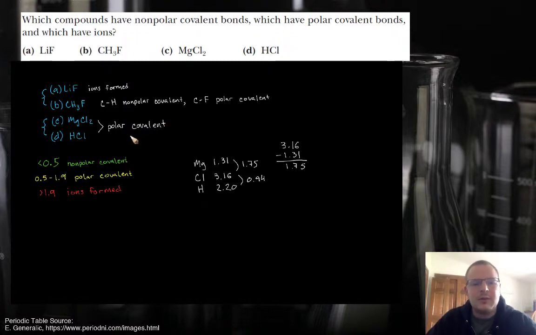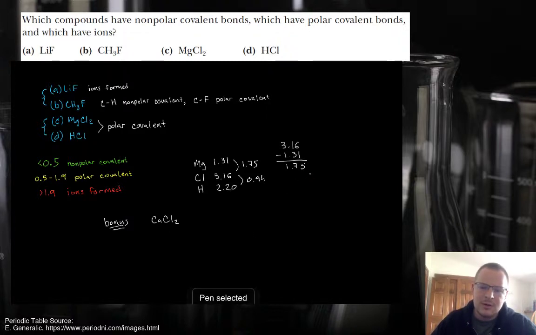And while putting this problem together, I was also thinking about a bonus problem. And that would be calcium chloride. Because calcium is also in group 2, but it's further down. Calcium is further down in the group than magnesium.